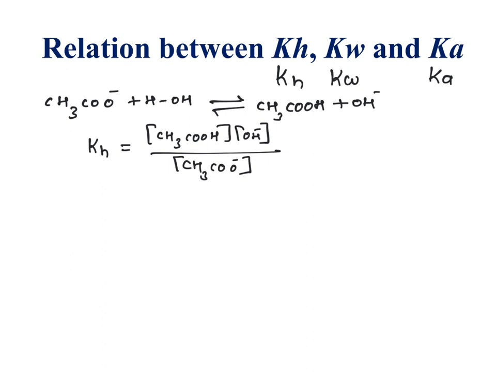Now we have to get a relationship between Kh, Kw and Ka. We know that the ionic product of water, Kw, equals the concentration of H plus times the concentration of OH minus; it is the product of these two. Acetic acid dissociates into CH3COO minus and H plus, so I am writing the acid dissociation constant expression here.